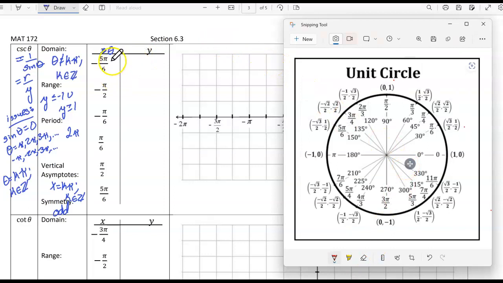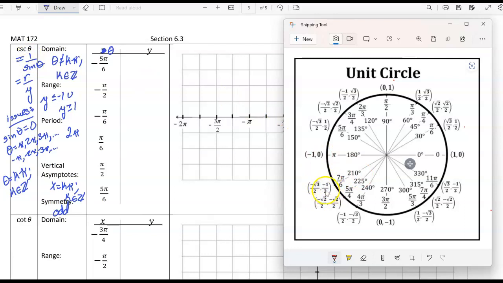So at -5 pi over 6, we're going to be right here. So remember, it's going to be 1 over the sine, so 1 over the y.